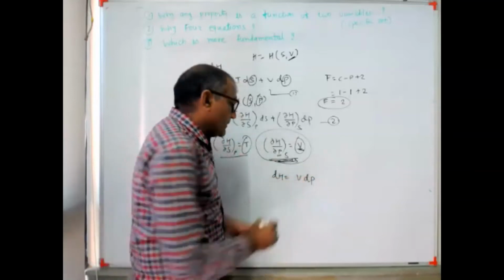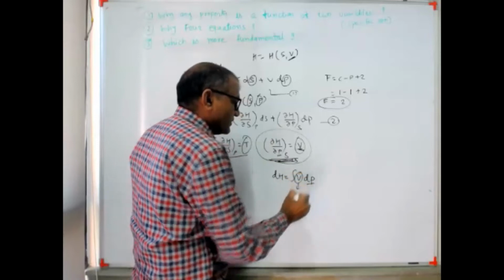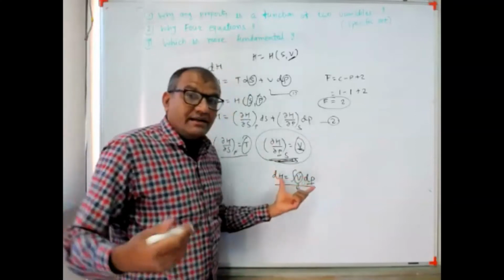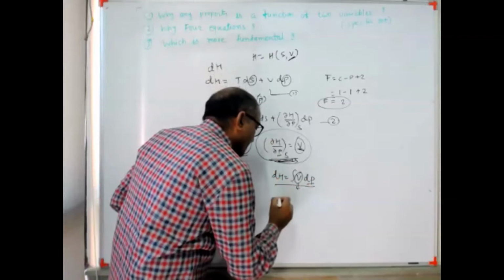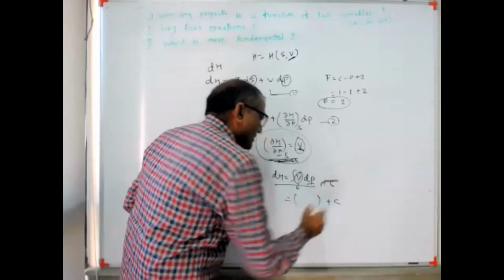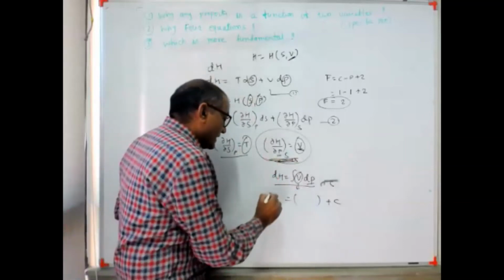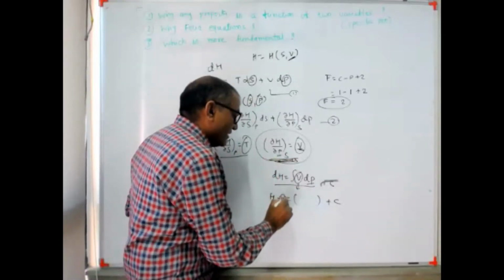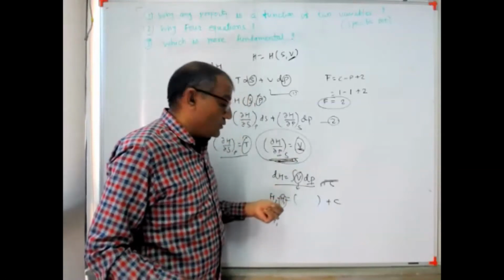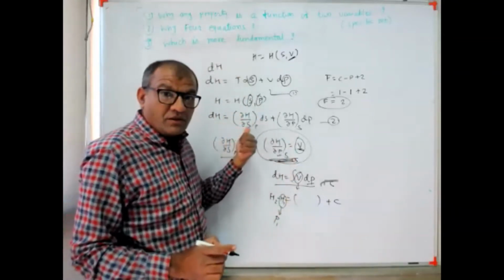So it would be dH equal to VdP. If I want to calculate the value of P, I can write V as a function of pressure, and I can integrate this equation. While integrating this equation, there would be one integration constant. To get the value of this integration constant, I need any one value of enthalpy at a specific pressure, and that is unknown, because everywhere we are going to calculate the change in a particular property, right?